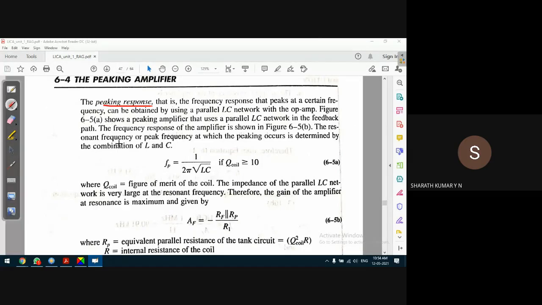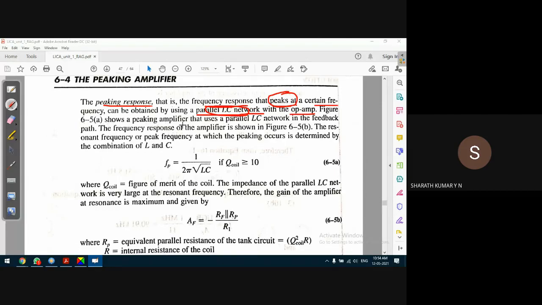A peaking response is nothing but a frequency response that peaks, with a spike at a certain frequency, which can be obtained by using a parallel LC network with the op amp. With the additional parallel LC network, we can achieve peaking at a particular frequency.